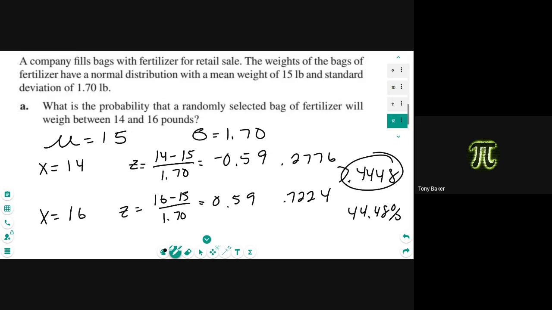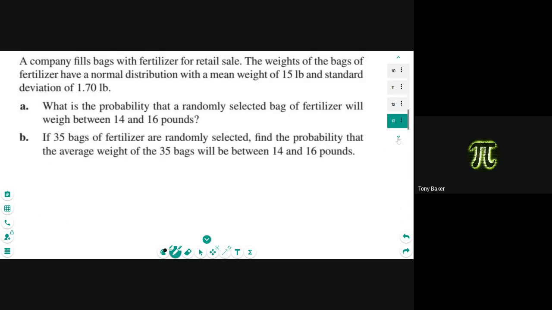Does that process make sense? Because B is exactly the same thing. Instead of selecting one bag of fertilizer, I'm selecting a pallet. I'm going to look at 35 bags of fertilizer.